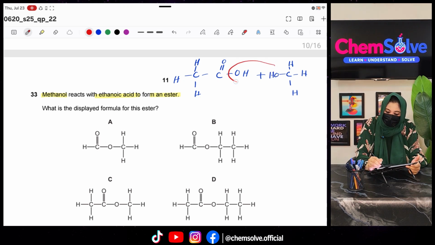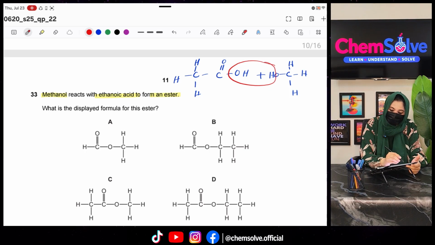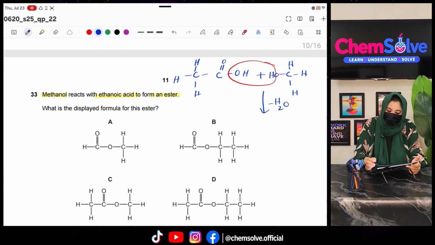A water molecule is removed like this. So I will remove a water molecule from here. What is left behind is this.